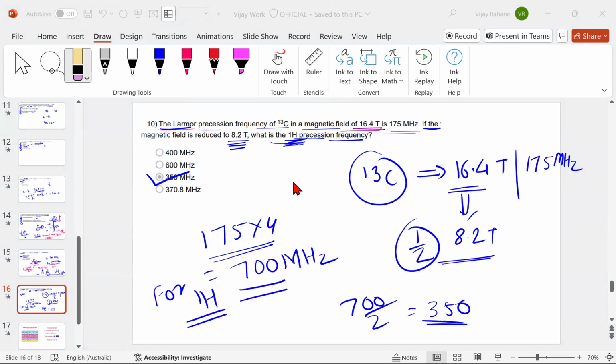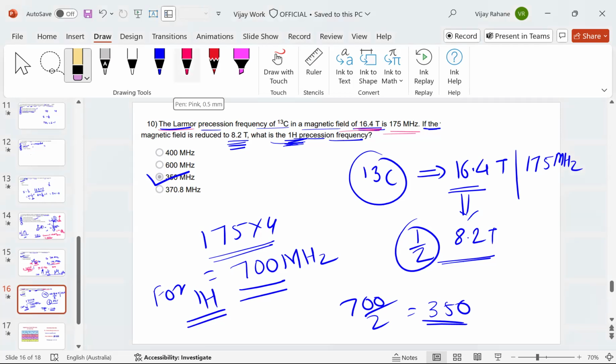The exact gyromagnetic ratio I need to check, but yeah, the gyromagnetic ratio of the proton is about 4 times higher than the carbon. So that's why I have multiplied this by 4.